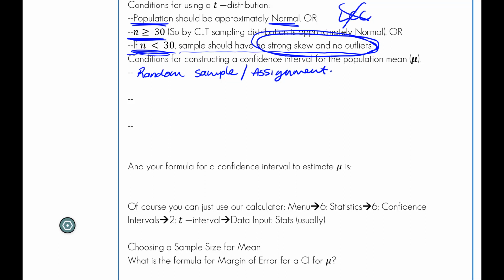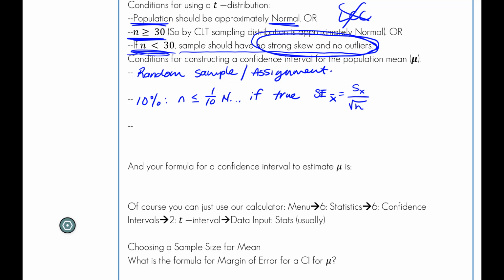And then we have to also check our 10% condition, where we have to say that our sample is going to be less than or equal to 10% of our population. And if this is true, then what does that tell us? Again, this tells us that we are able to calculate the variability using the standard error of x bar. And we can use this formula, s sub x over square root of n.